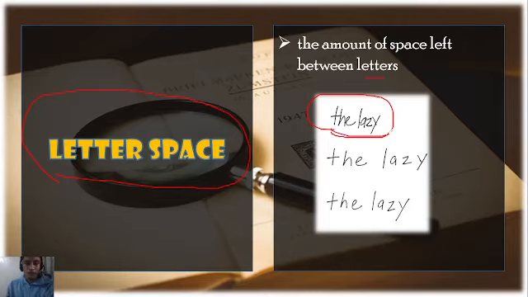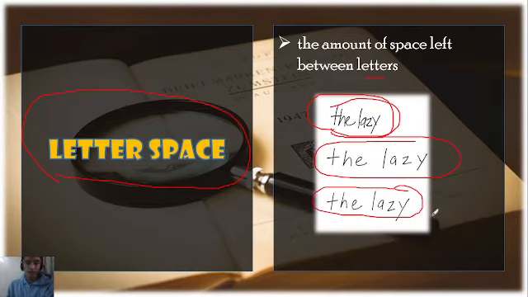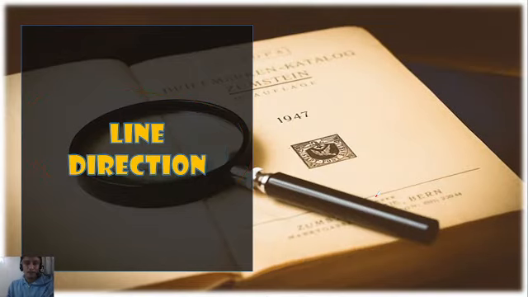Some are economical with paper, some are wasteful, and some are just right in their spacing. Take note: letter space is the space from one letter to another letter. Space from one word to another word is not a letter space but a word space.